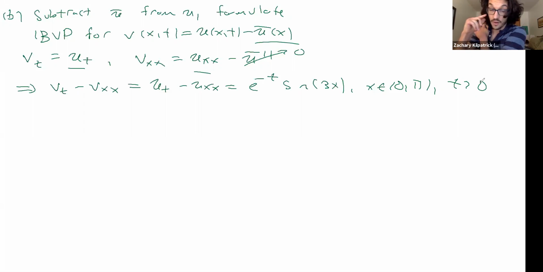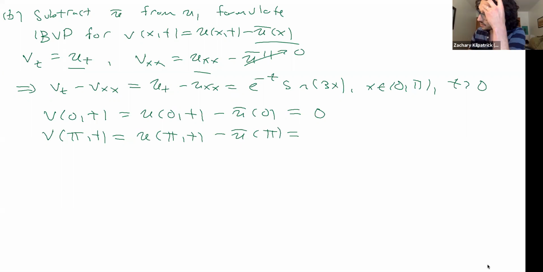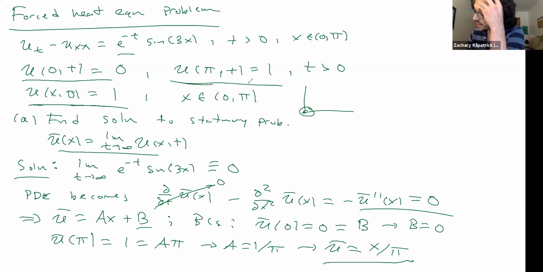Well, we know one thing now: v of 0,t is going to equal u of 0,t minus u bar of 0, right? Which u of 0,t was 0. This is 0 too, so this is 0. But v of pi,t is going to equal u of pi,t minus u bar of pi, right? And if I briefly go back, u of pi,t is 1, and u bar of pi is equal to 1.